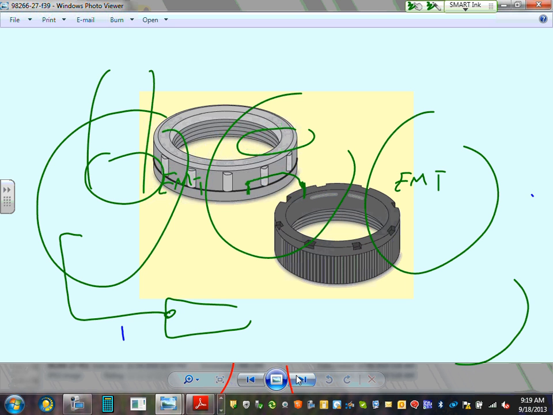So the code requires that if the conductors are number 4 or larger, you put in an insulation bushing. A plastic bushing, because if you push insulation against metal you damage it, but if you push insulation against non-metallic material, like that insulation bushing, you would not damage the conductor. So these are required for conductors number 4 or larger.